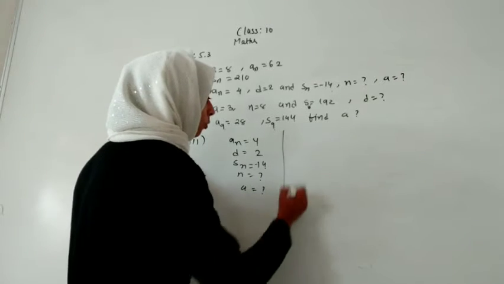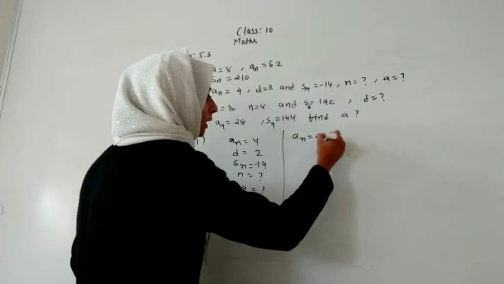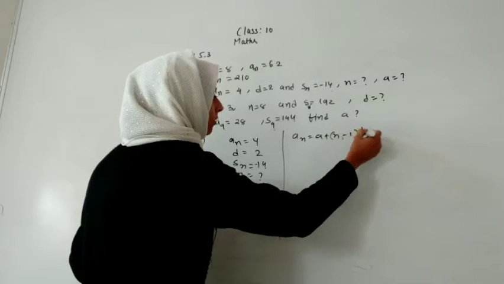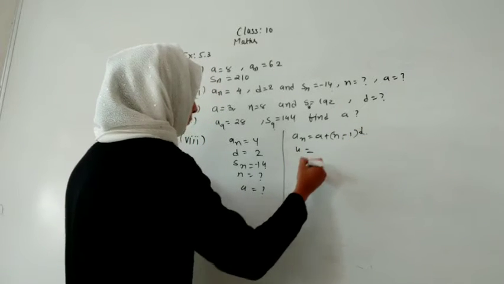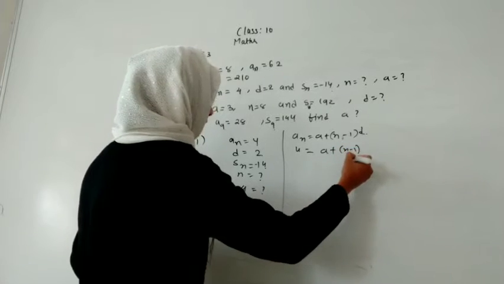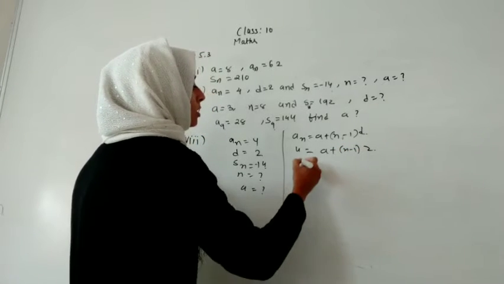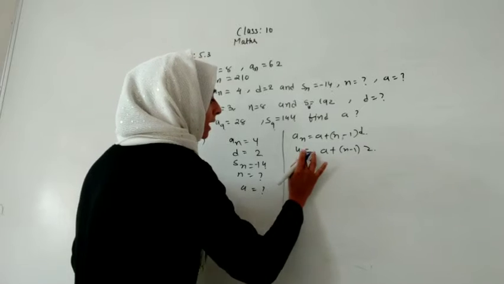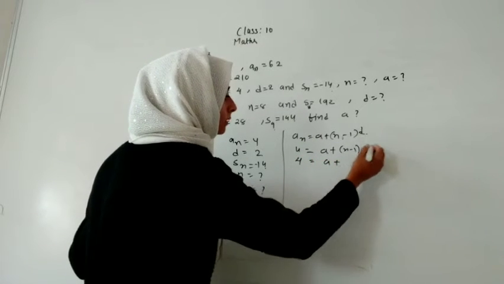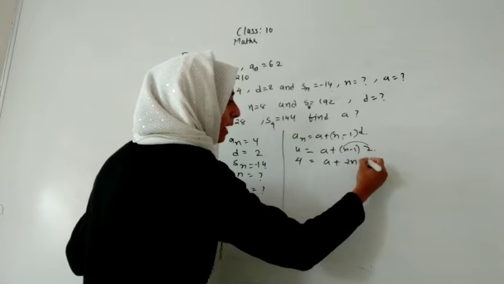What do we have? Let us write that. We have an equal to a plus (n minus 1) into d. So that is 4; a we do not know; n minus 1 we do not know. Difference we know. So simply here we are getting 4 is equal to a plus 2n minus 2.